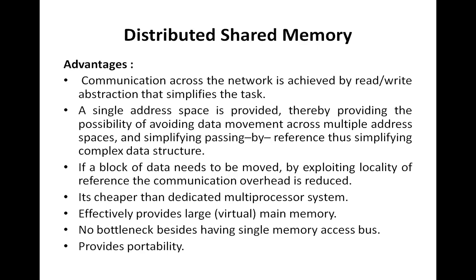Passing data by reference, or passing a data structure which contains pointers, is generally difficult as well as expensive. In contrast, distributed shared memory allows complex structures to be passed by reference, and simplifies the development of algorithms for distributed applications. So this is the second advantage of distributed shared memory.